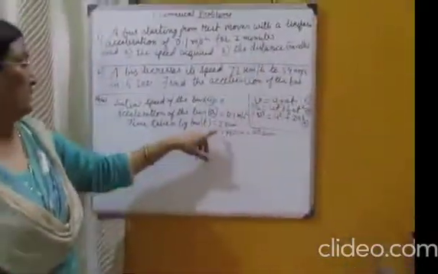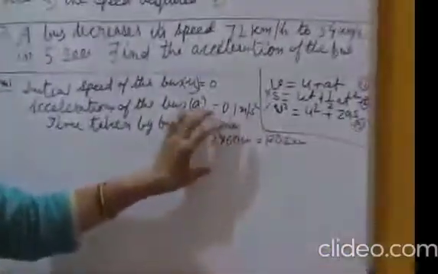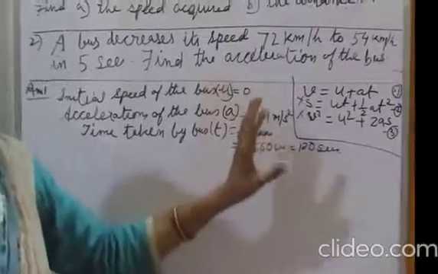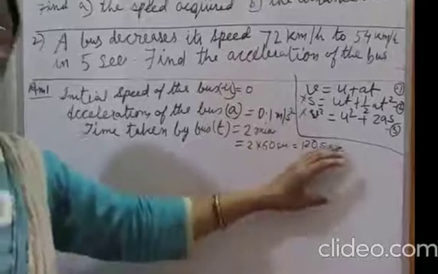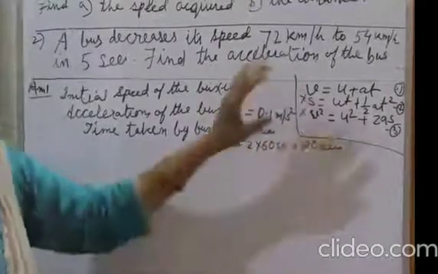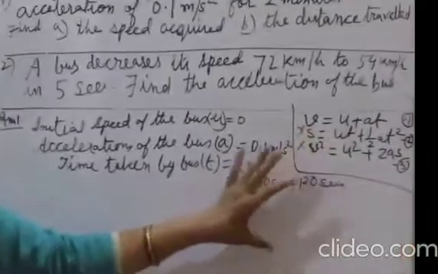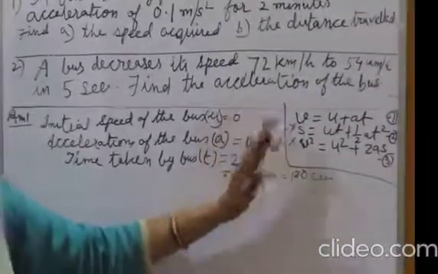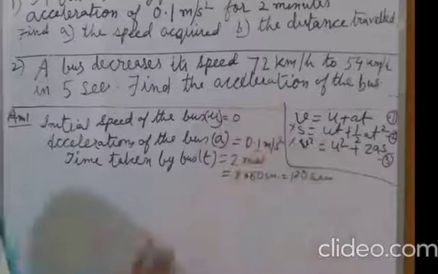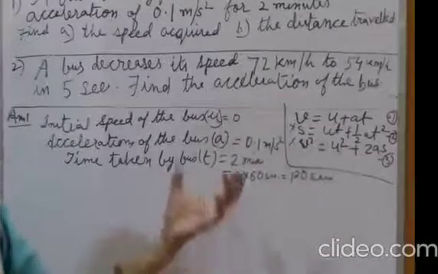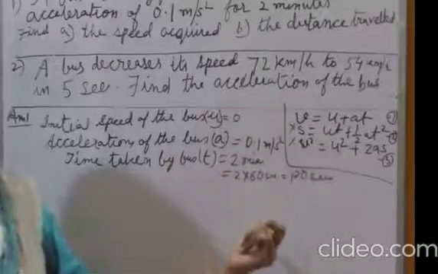If it is in minutes or hours, you have to change it into seconds. It is very important. First of all, you have to change the units of the data, then you solve. Otherwise the solutions will be wrong.